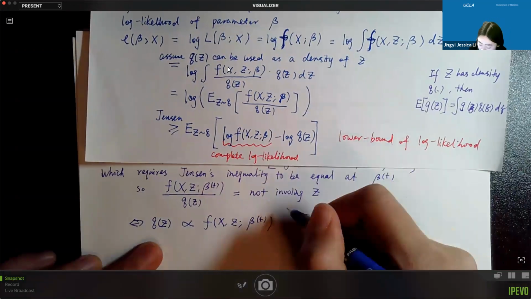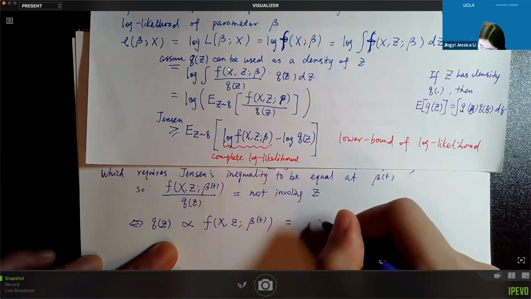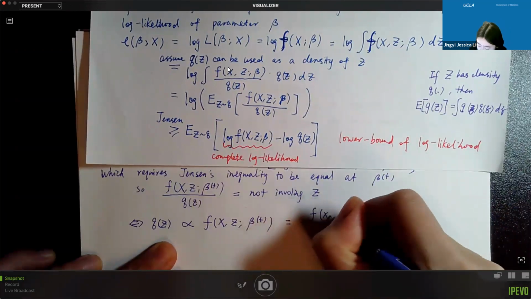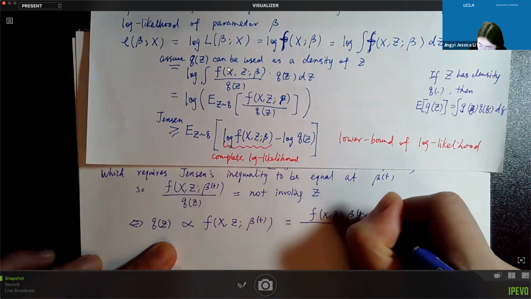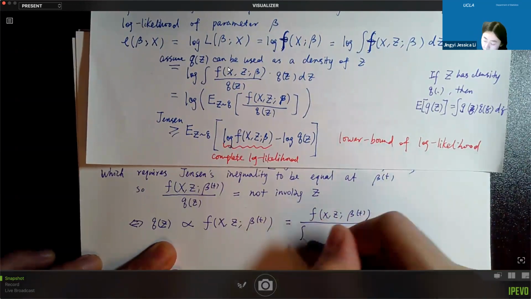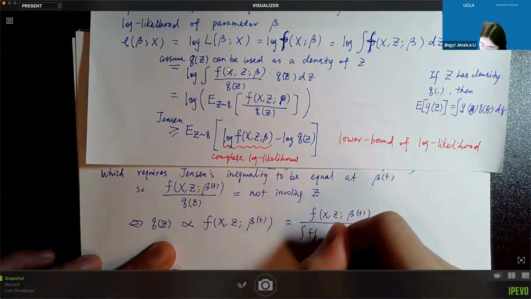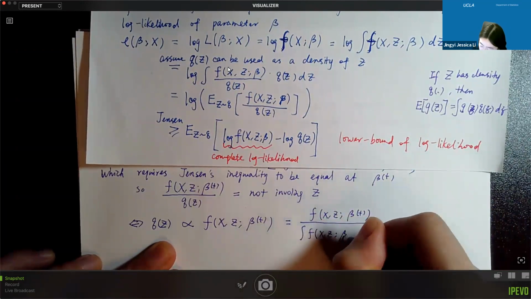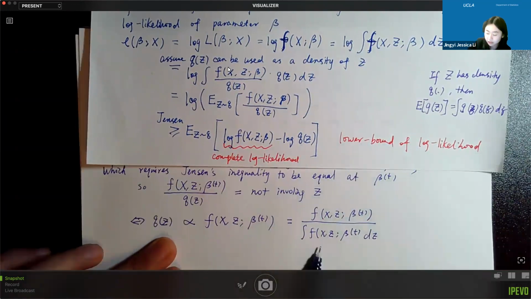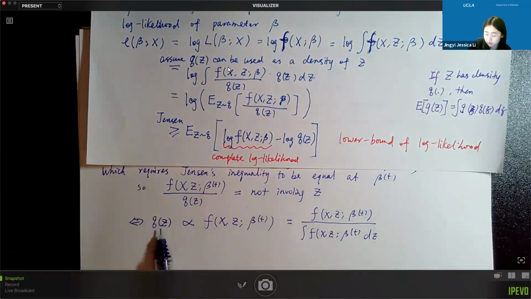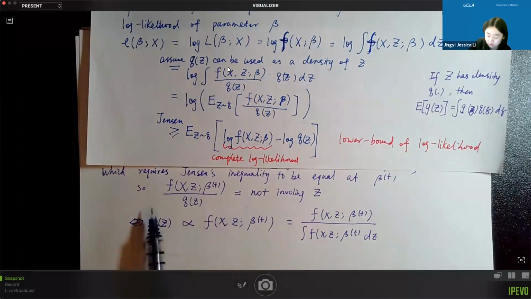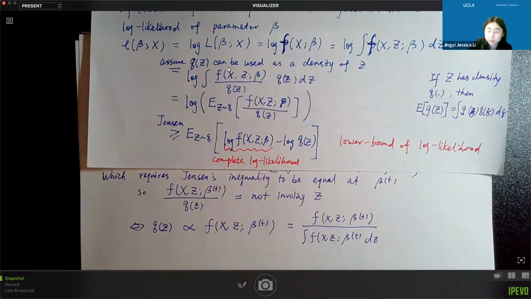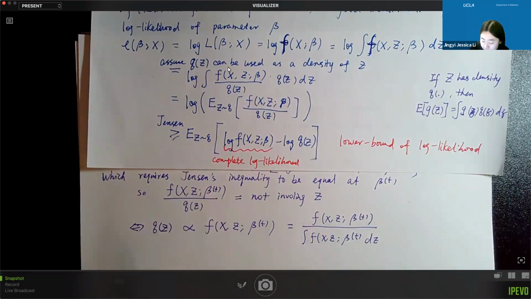So this is just equal to this divided by a normalization constant, the integral over all possible values of z, dz. If I can do this integration, I can show that q(z) is a valid density, because whenever I integrate over z, I will get a value of 1.